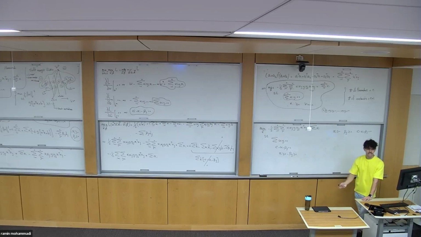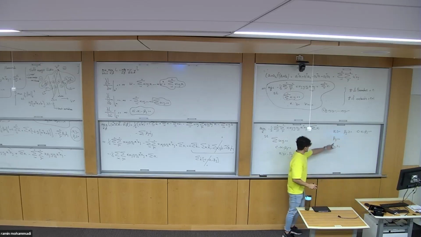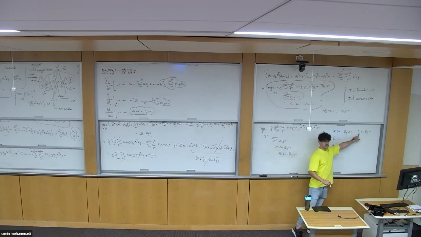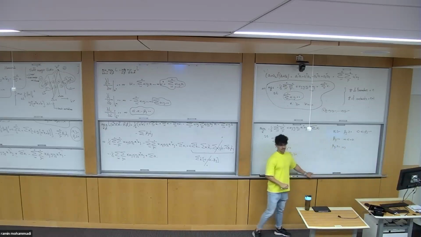It's either greater than 0 or 0. So let's assume beta is 0, and then next time assume beta is greater than 0. If beta is 0, what do you say about here? C equals alpha_i. Okay. If beta is greater than 0, what would you say?